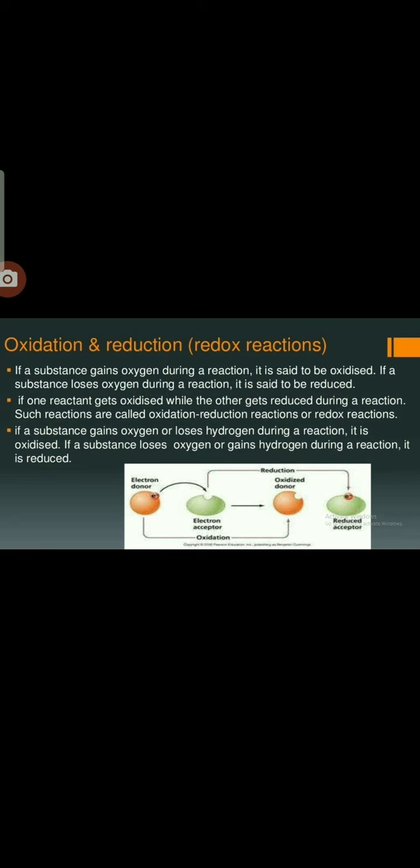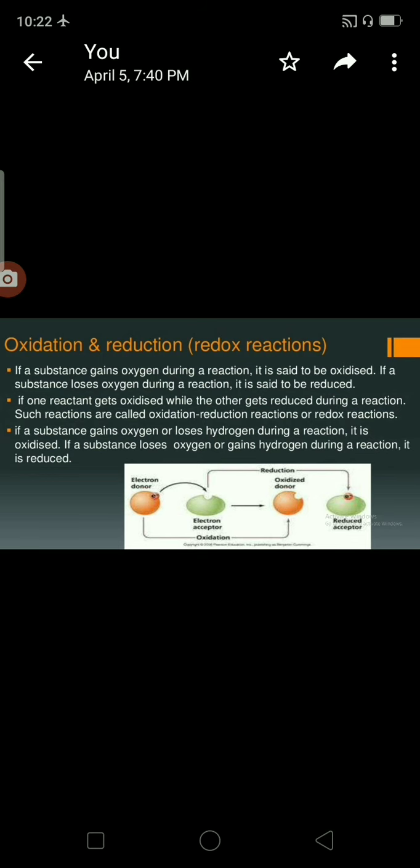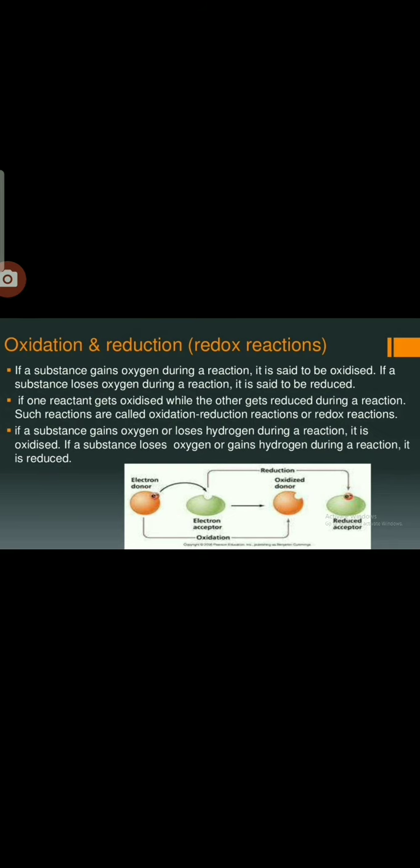Similarly, removal of oxygen is reduction, but in terms of hydrogen, addition of hydrogen is called reduction. In your 11th standard you will study 5 different definitions of oxidation and reduction, but this is the beginning, the first time we are studying these definitions. So just go through this definition.